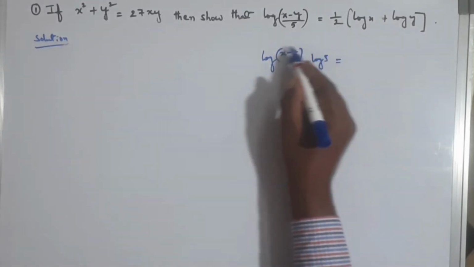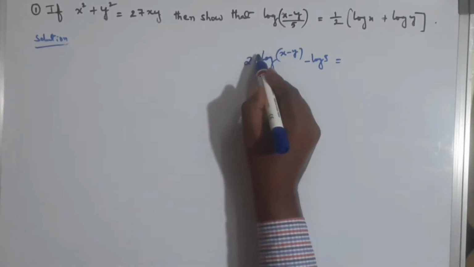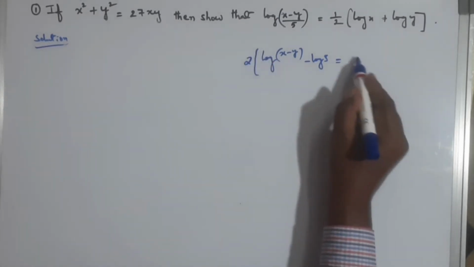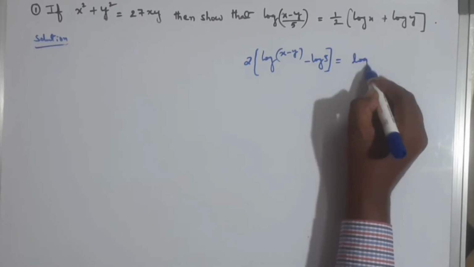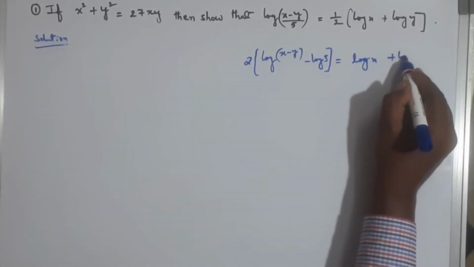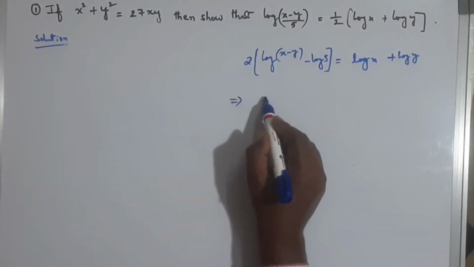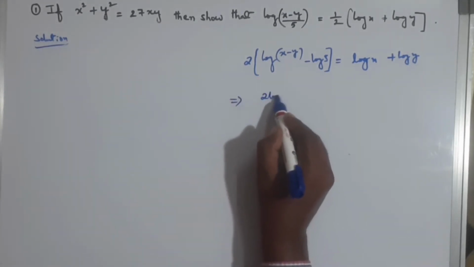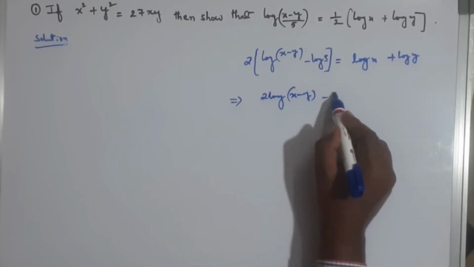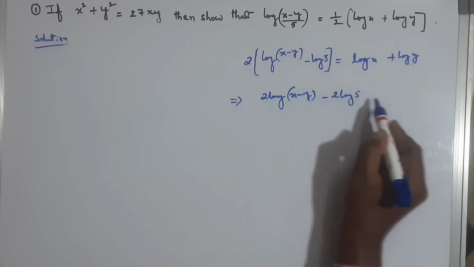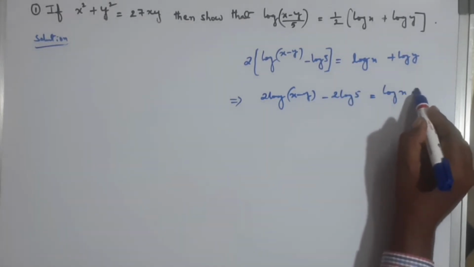When transferred to this side, it becomes 2 of log x plus log y, which implies 2 log of (x minus y) minus 2 log of 5 equals log x plus log y.